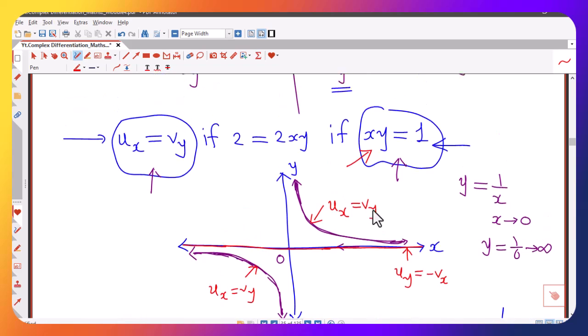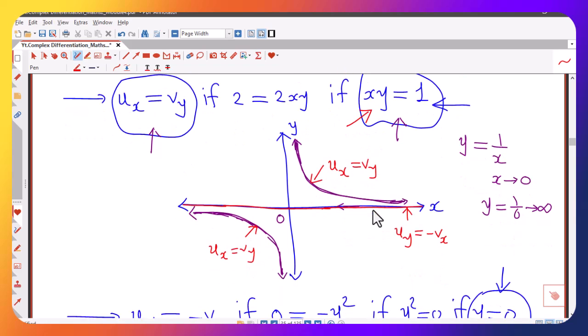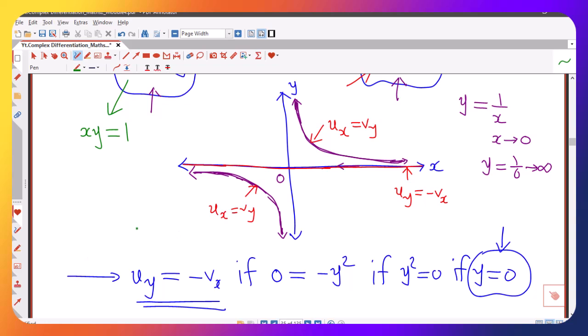Now suppose you don't want to sketch the figure, then also you can decide from the equation of curves. We know that this equation is satisfied at all those points for which x into y equal to 1, and this equation is satisfied for y equal to 0.